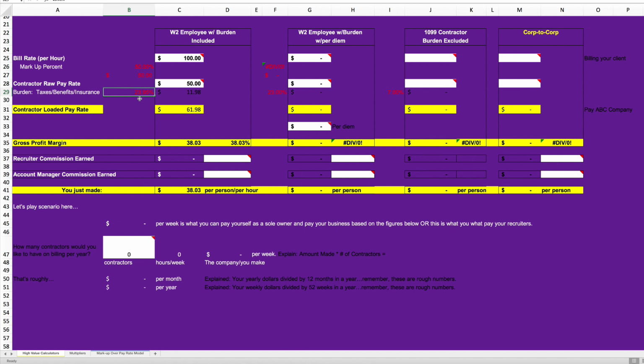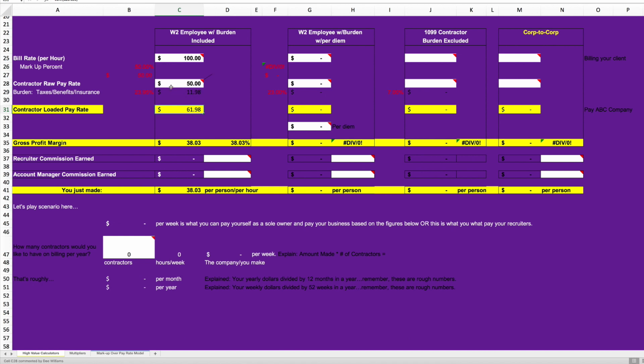Those two, it goes up to 41 point something. But your typical burden is going to be around 23.95%. And so then you can define what that burden is going to be per hour, because everything we're looking at is per hour. And then it'll give you your loaded contractor pay rate.